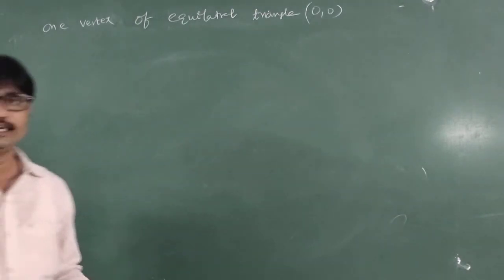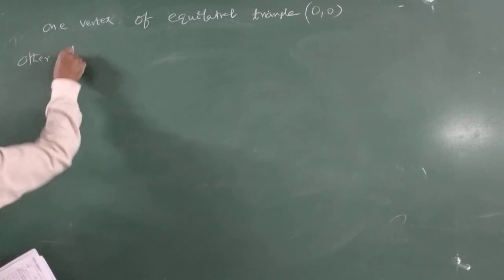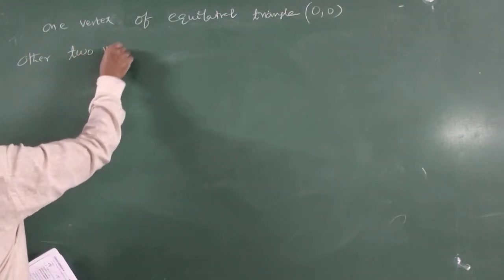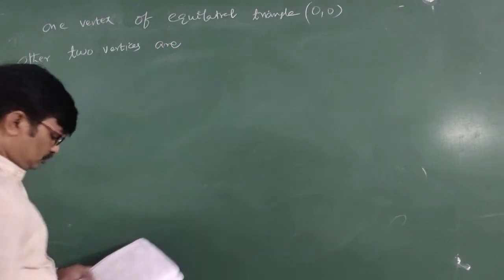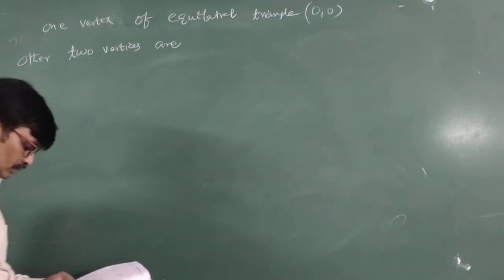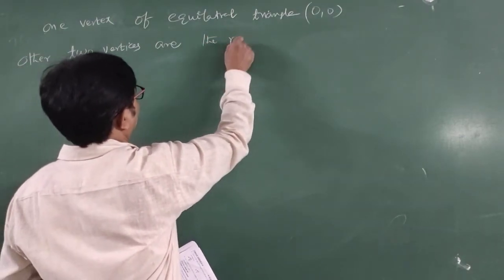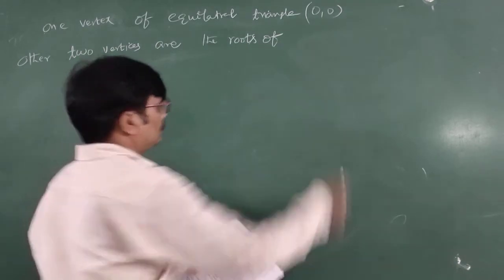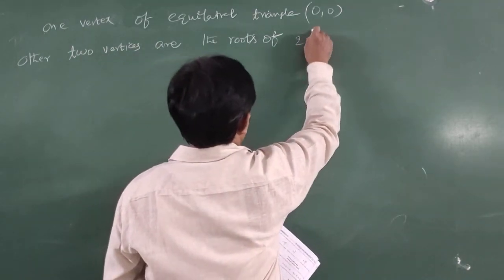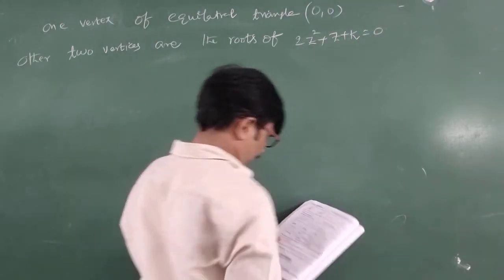The other two vertices are the roots of 2z square plus z plus k equal to 0.